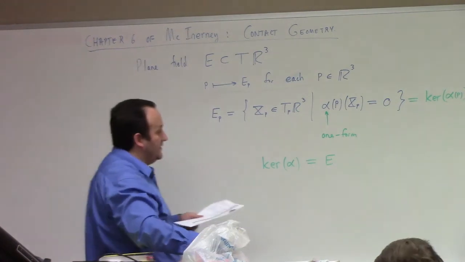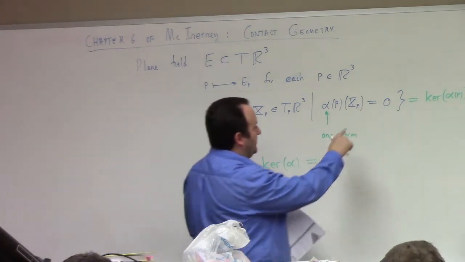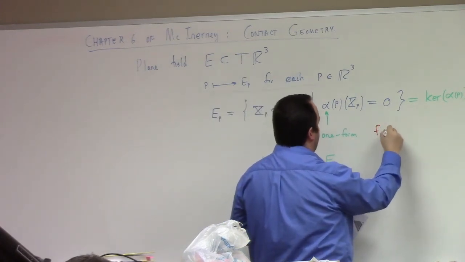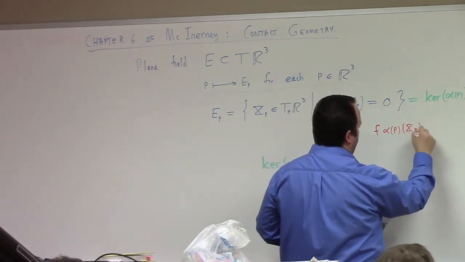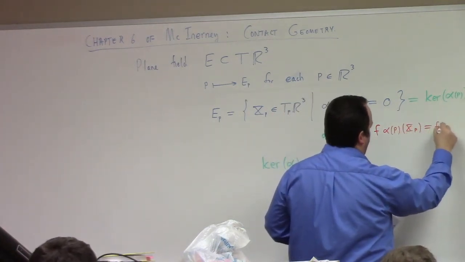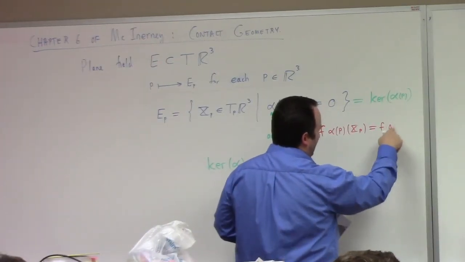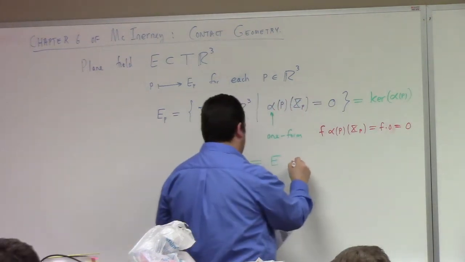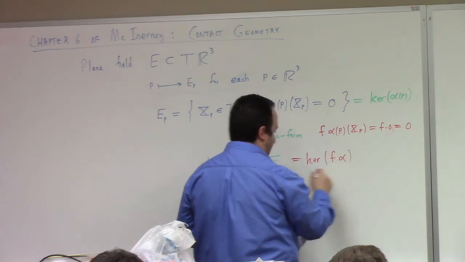Of course, if you look at this, what would happen with this equation if you replace alpha with a non-zero function f times alpha? Alpha of p, x of p, would that still be 0? That's not a valuation, that's just multiplication. Yeah, that's still 0. So this E would also be the kernel of f times alpha, just the same.